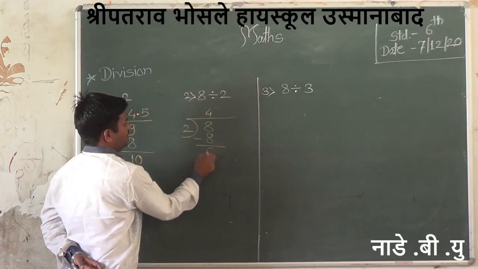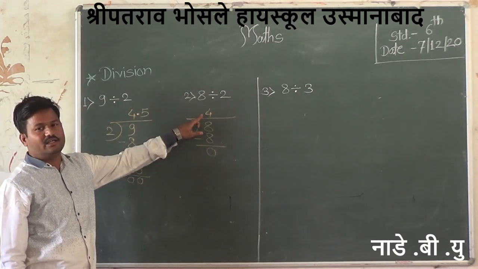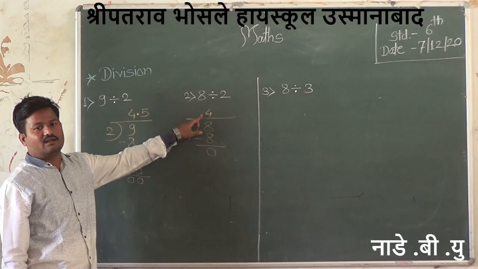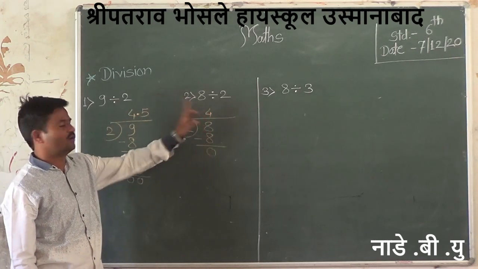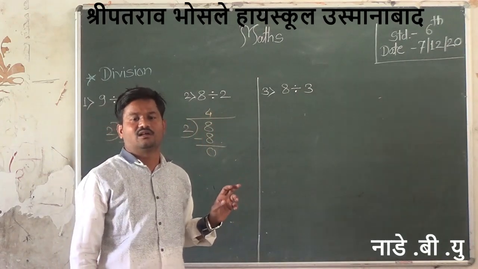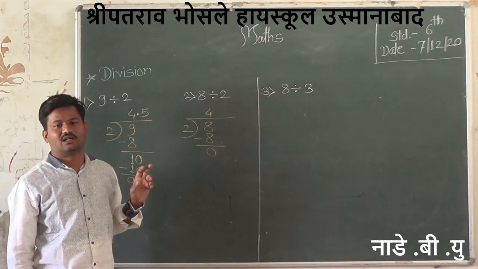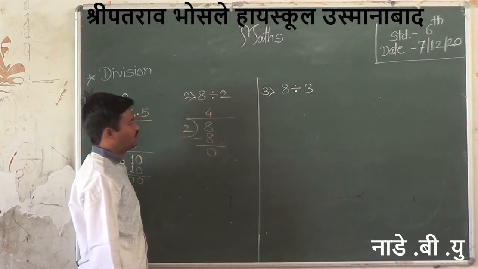Here 8 minus 8 is 0. The quotient is an integer, meaning complete, 4, not a decimal fraction. Here the remainder is 0.